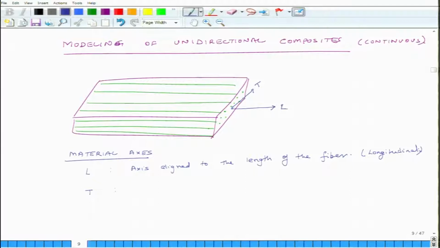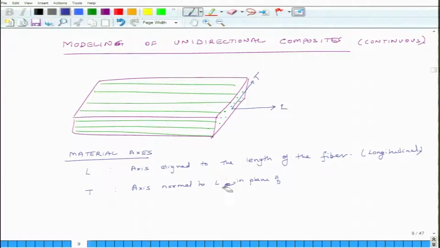Then the T direction, so I did not draw it correctly. So, T direction is the axis normal to L, in plane, and it is shown as indicated.